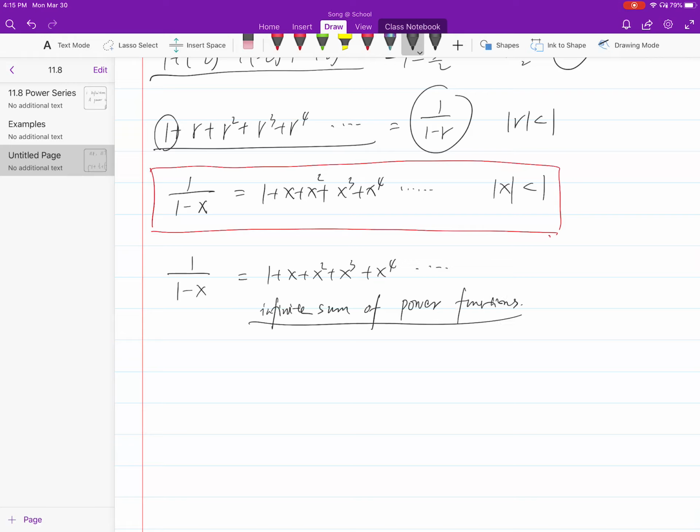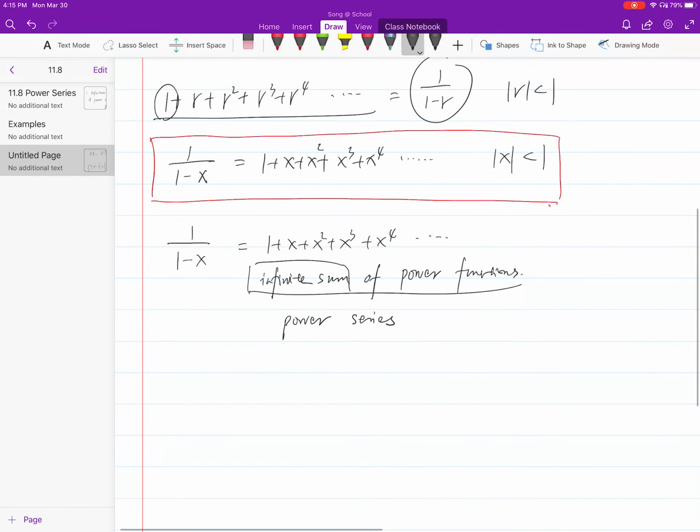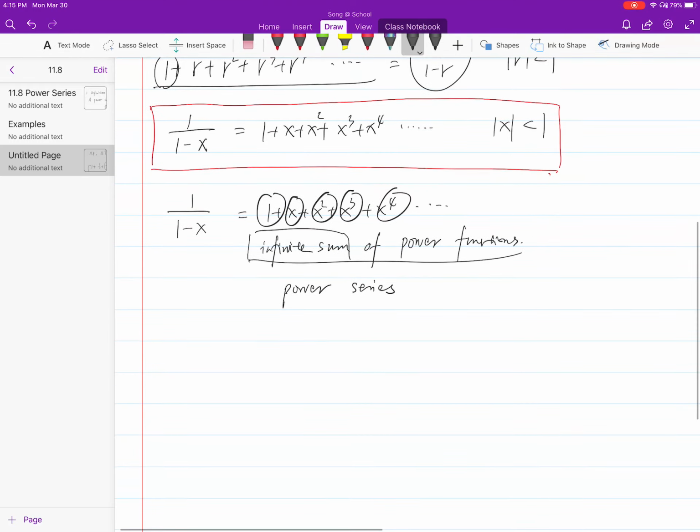Then we give this one a name, called power series: power function, series to indicate we want to do the infinite sum. So this is the definition of a power series. You have a sum of a lot of powers of x. And this sum goes forever to infinity.